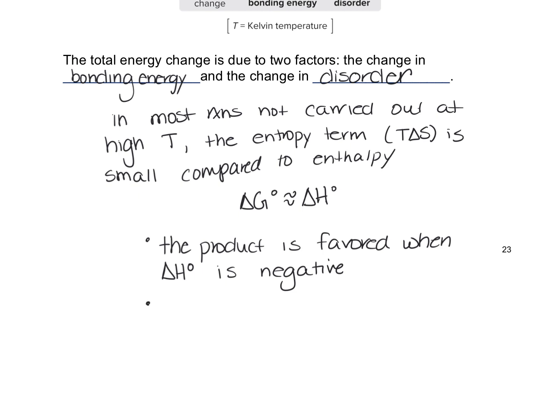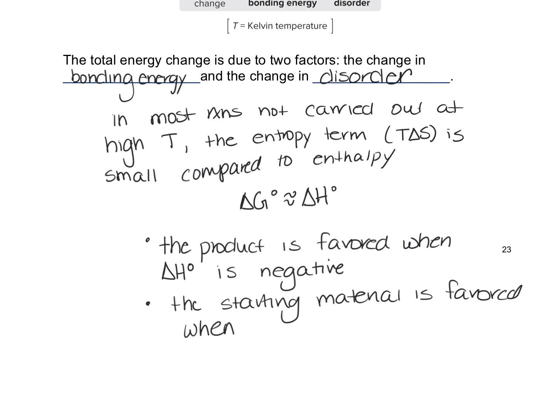And then the starting material is favored when delta H is positive, because then that Gibbs free energy is positive.